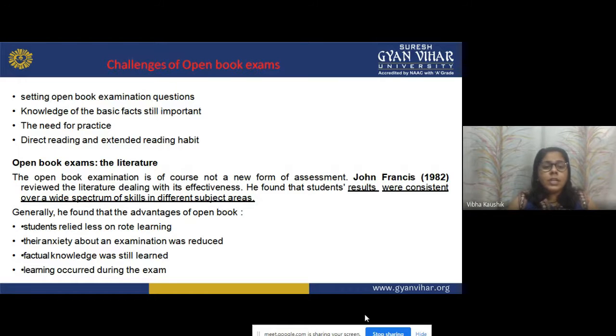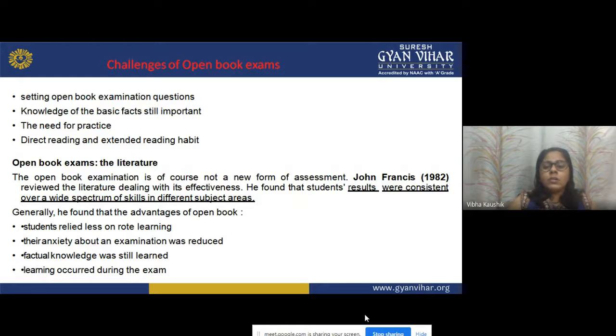John Francis, 1982, reviewed the literature dealing with its effectiveness. Now, how effective it is, means many researches have been done on the open book exam, and John Francis reviewed the literature dealing with the effectiveness, whether open book exam is effective or not, based on the researches which have been done in the area of open book exam.